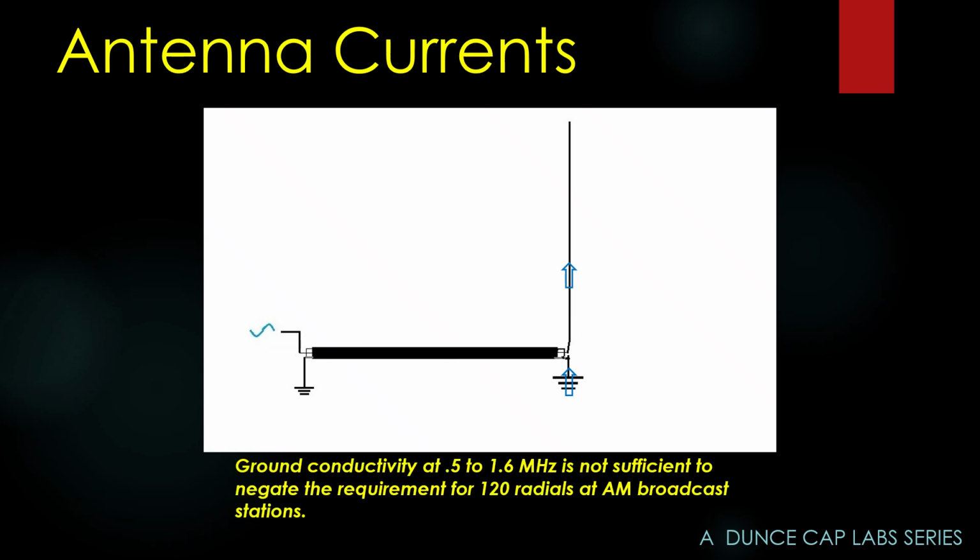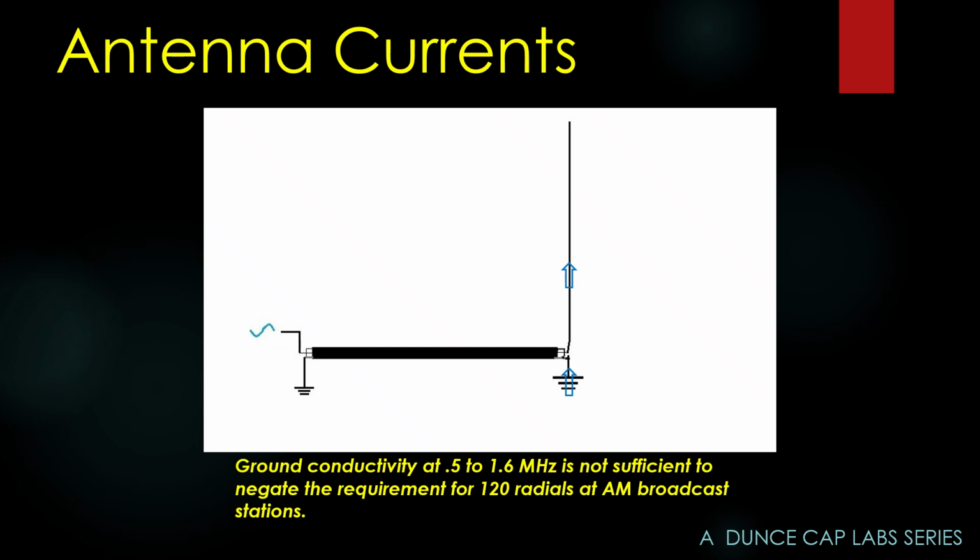Now, ground conductivity down at the AM broadcast band is not sufficient to negate the requirement for 120 radials at an AM broadcast station. Some people think that AM stations are grounded for RF. They're really not. They're grounded for lightning. If an AM station didn't need 120 radials, it wouldn't have 120 radials.